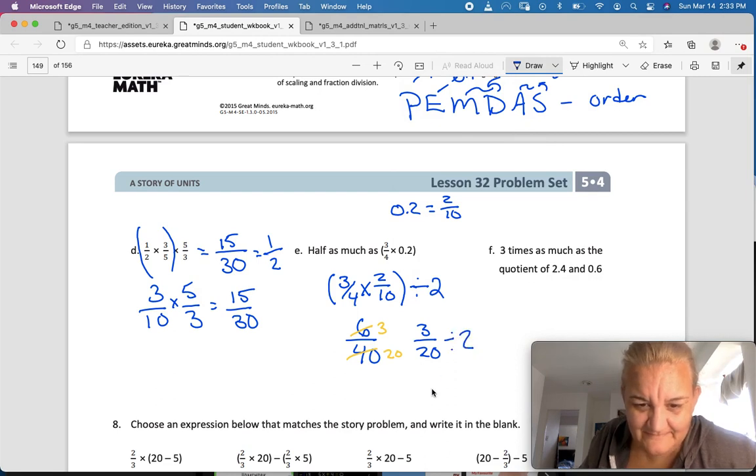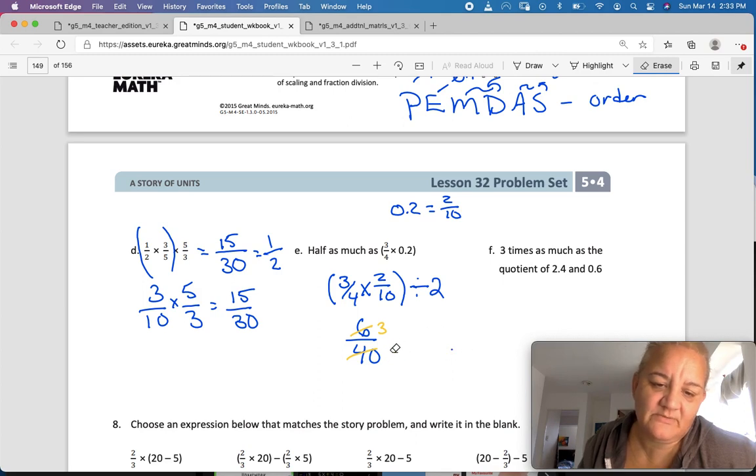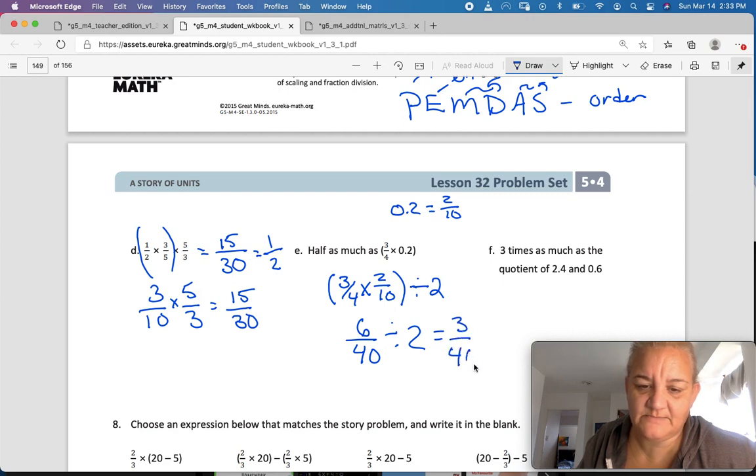Well, no, sorry. I didn't want to do that. Forget that I did that. Let's just go ahead and divide by 2. Okay. Well, 6/40 divided by 2 would just be 3/40. Okay.